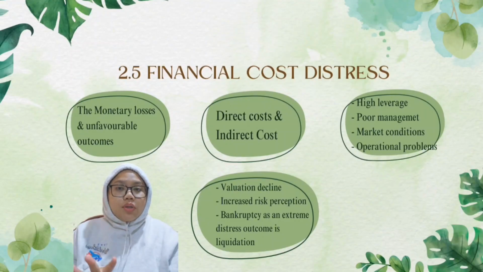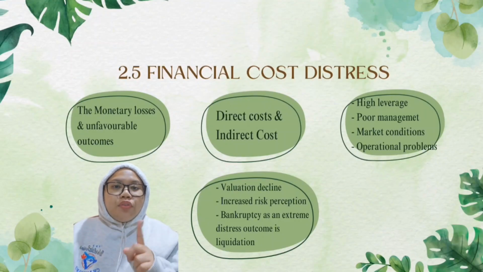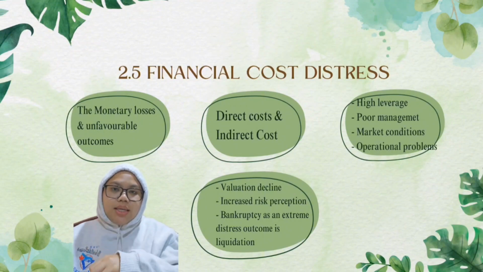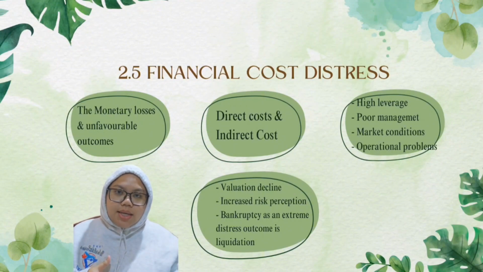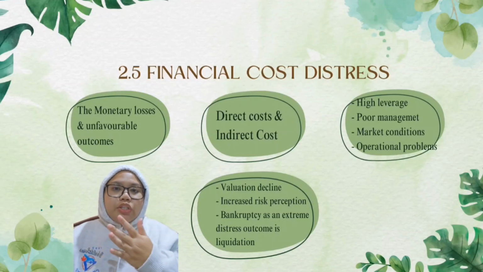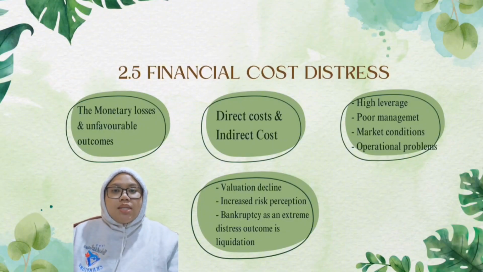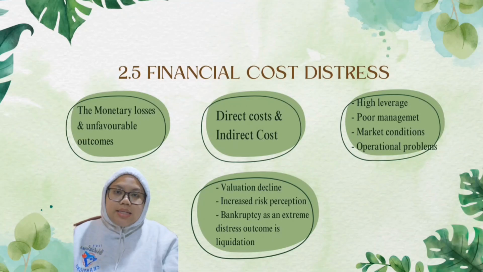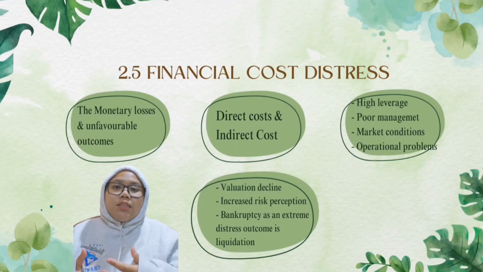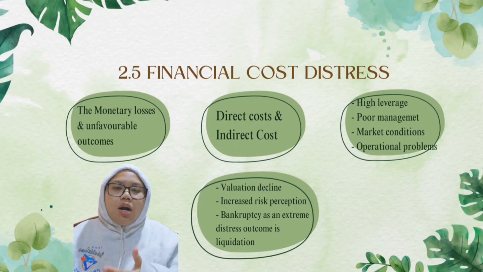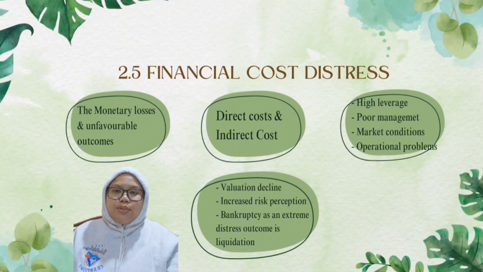There are four causes of financial distress. First, high leverage. Using debt excessively can put a company in financial distress, especially if cash flow isn't enough to cover principal and interest payments. Second is poor management, which means financial issues may arise from ineffective management techniques, bad decision making, or a lack of strategic direction.